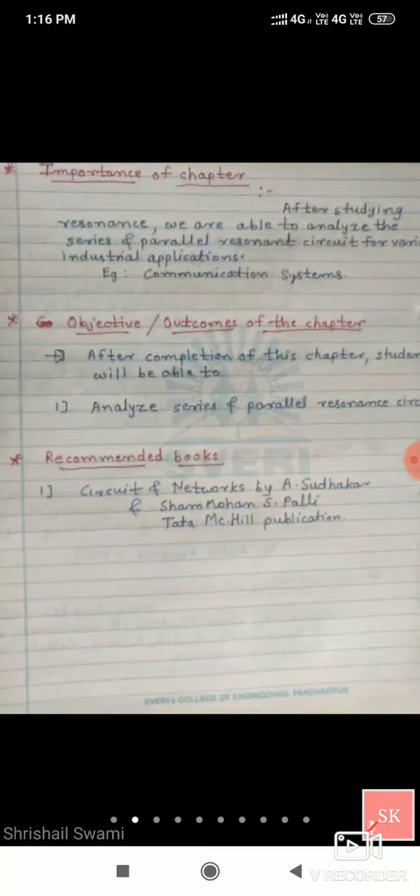This is the Tata McGraw-Hill publication. So this book you can refer for unit number 2. Okay, this book will be sufficient for unit number 2. So these will be the basic points we are going to cover before starting the unit number 2.